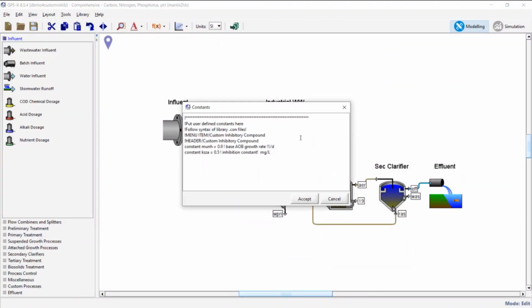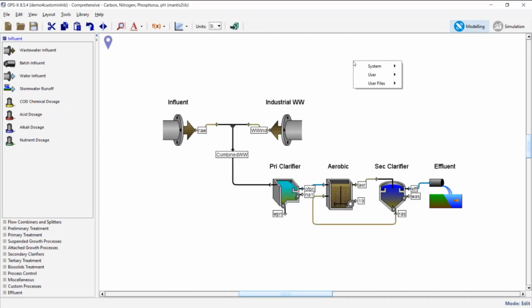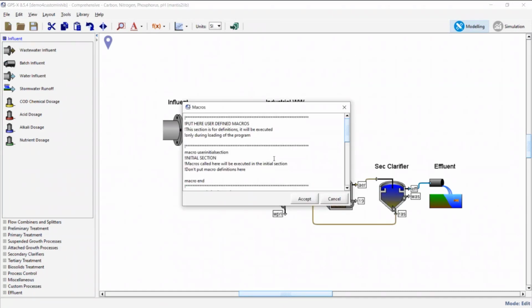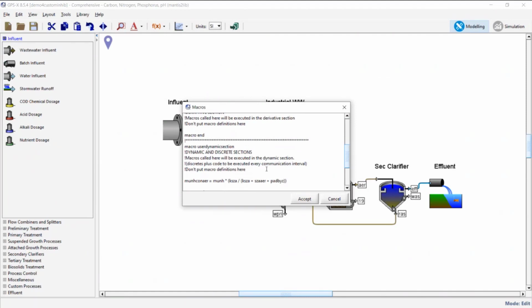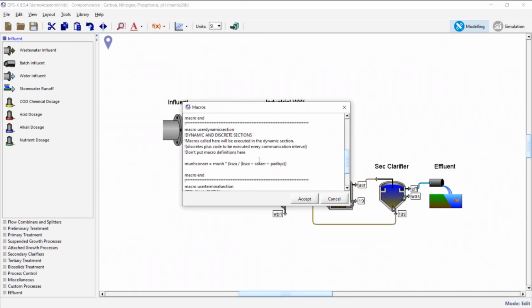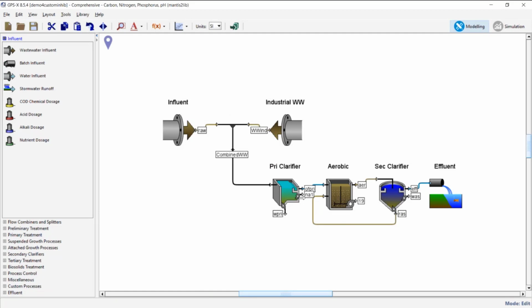I opened up the constants menu and entered some new constants that I want to be used as part of my calculation. That will construct a menu for me. And then in the macro section, here's the actual calculation. This is the same one that I just showed you on the screenshot on the previous page. Basically, take the growth rate that is specified and multiply it by that inhibition term.